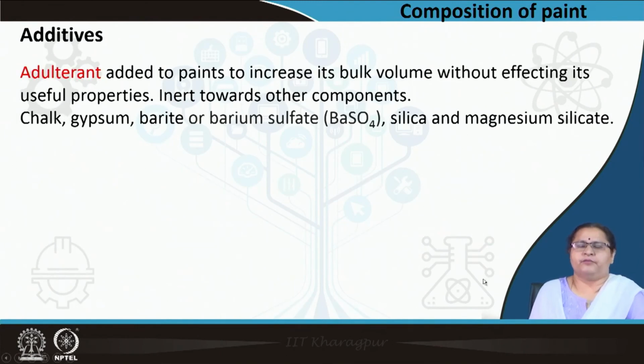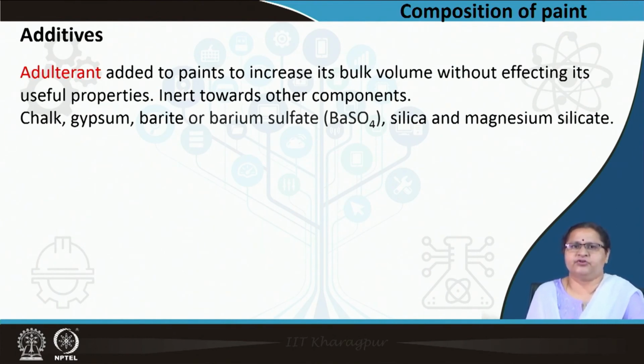Now, apart from these two basic things, we have additives which reduce the cost. We had learnt adulterants in concrete also. We could add them in low percentage to reduce the cost. Here also you add additives to get different properties, of which one is reducing the cost without affecting the other properties.